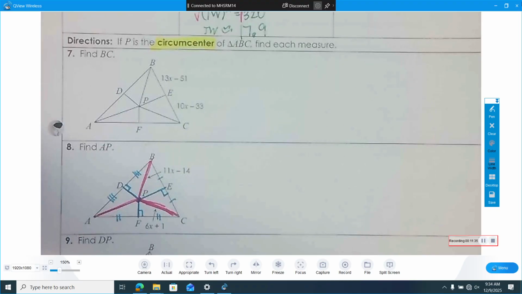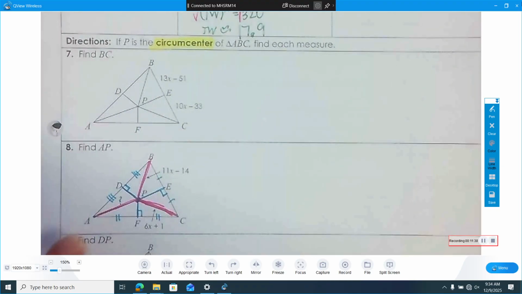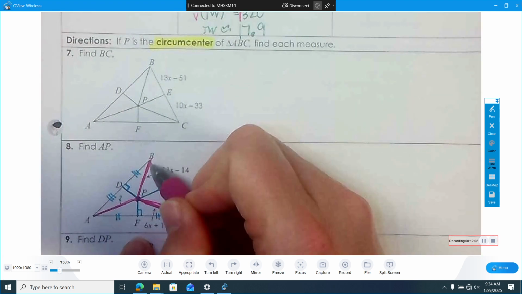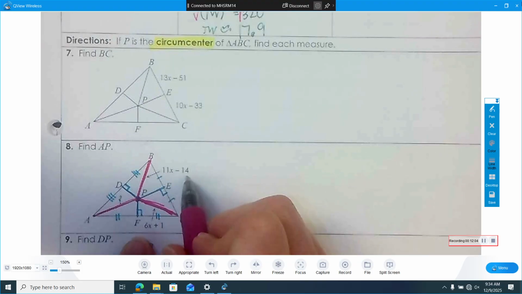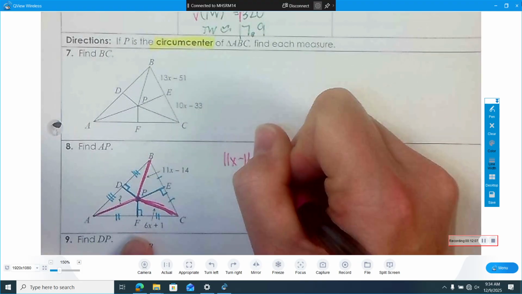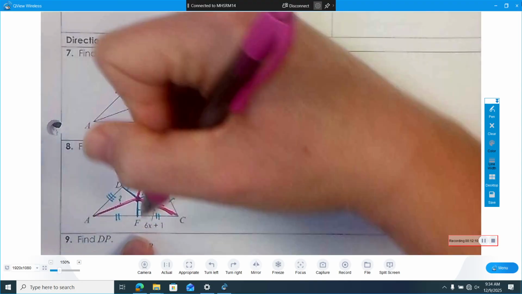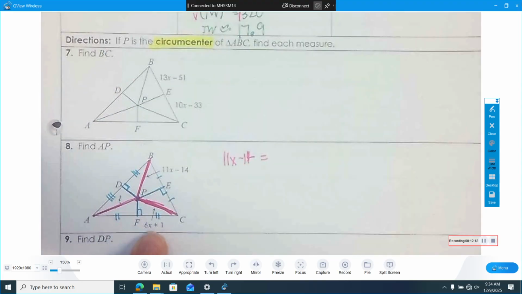We want to find AP. AP is right here. So they're telling me this pink line has the length of 11x minus 14, and this pink line is 6x plus 1.